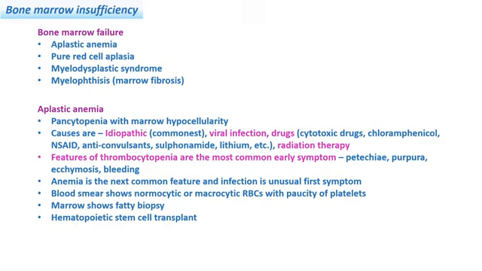Features: thrombocytopenia is the most common early symptom, like petechiae, purpura, ecchymosis, and easy bleeding. Anemia is the next common feature, but infection is an unusual first symptom. Blood smear shows large RBCs, increased MCV with paucity of platelets. Marrow shows fatty biopsy. Hematopoietic stem cell transplant is the treatment.